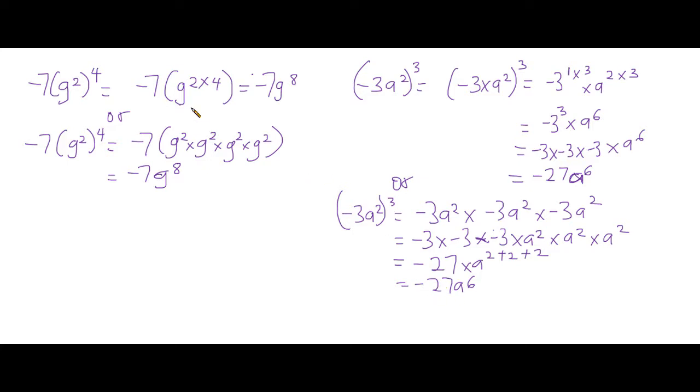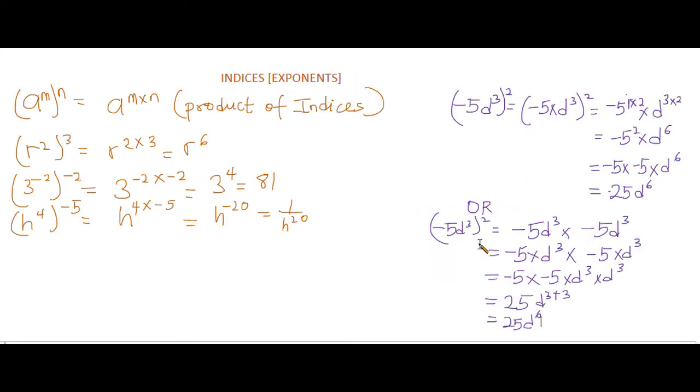But here now, when we raise a positive number to an even number, the answer we got here was a positive number, but because the term outside the bracket is negative, that's why it's making the answer a negative number. Likewise, the first example that we did, if you see it, all of this is raised to an even number, and we have a negative term here. Our final answer is positive, so we need to take note of that.